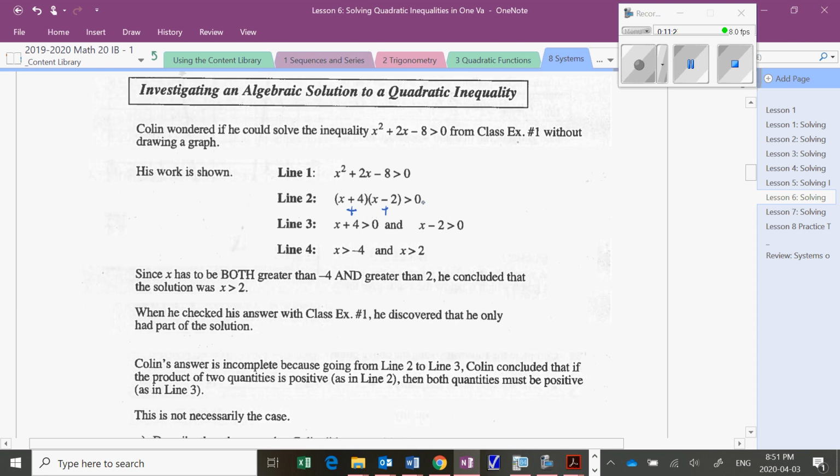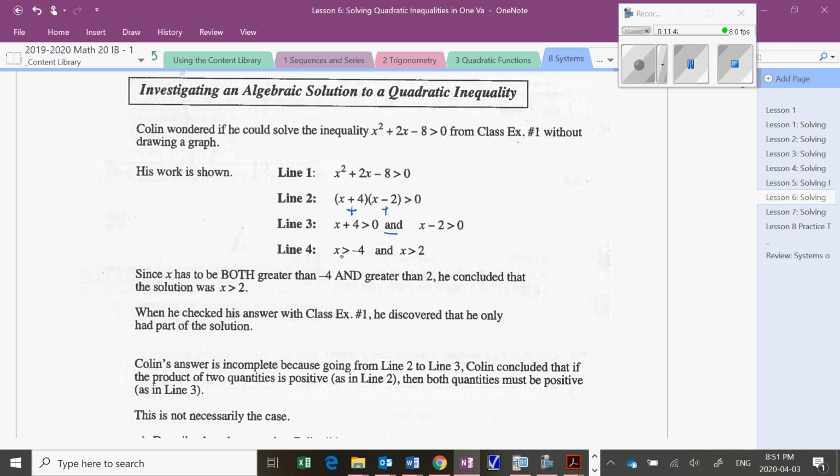So Colin sets up the fact that x plus 4 must be greater than 0, and x minus 2 must also be greater than 0. Solving that, subtracting 4 on each side and adding 2 on each side, x is greater than -4 and x is greater than 2.